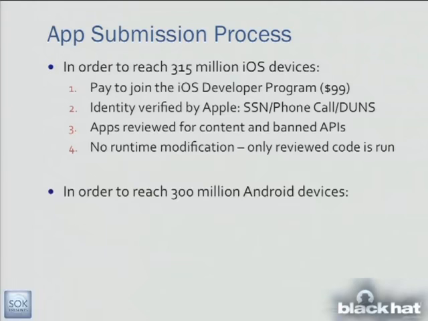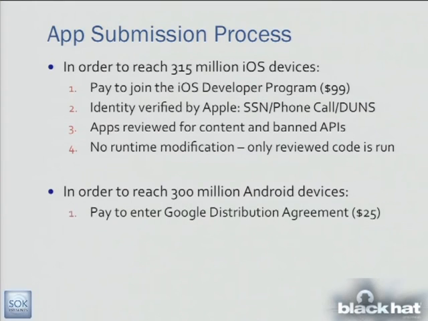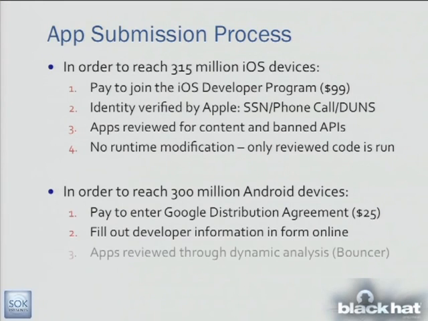On the flip side, we've got Android. Android has about 300 million devices, I think. That's what they say. The developer agreement is slightly cheaper. It's 25 bucks, but it didn't matter anyway. I get to fill out my information on a form online. I don't really have to talk to anybody because Google wants the platform to be open. The apps are reviewed through dynamic analysis. Google made a big deal about this when they published it a few weeks ago.